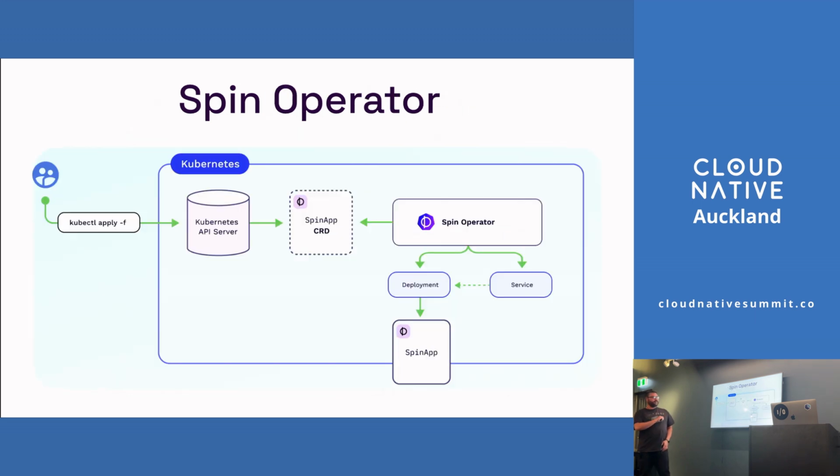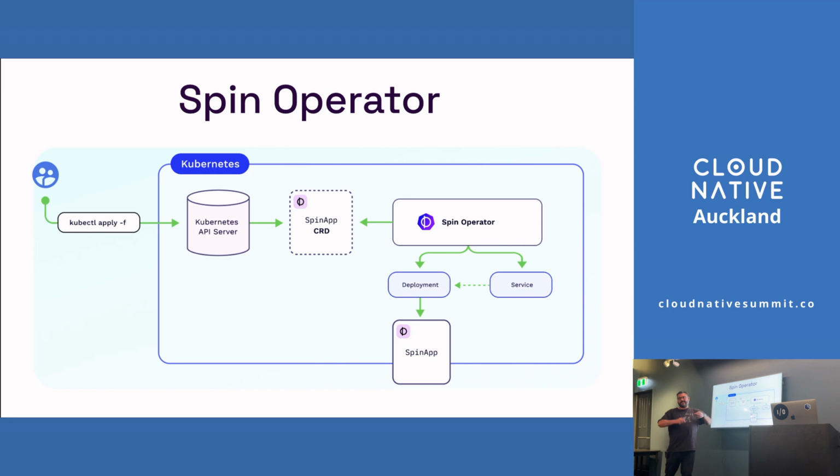Going to the next one, you've got the Spin operator. Here you're deploying that Spin app to your cluster, into the API server. The Spin app is a custom resource that the operator knows about, and the operator is looking for these custom resources. This is kind of similar to a deployment object, with a few extra bits and pieces because it's an application.